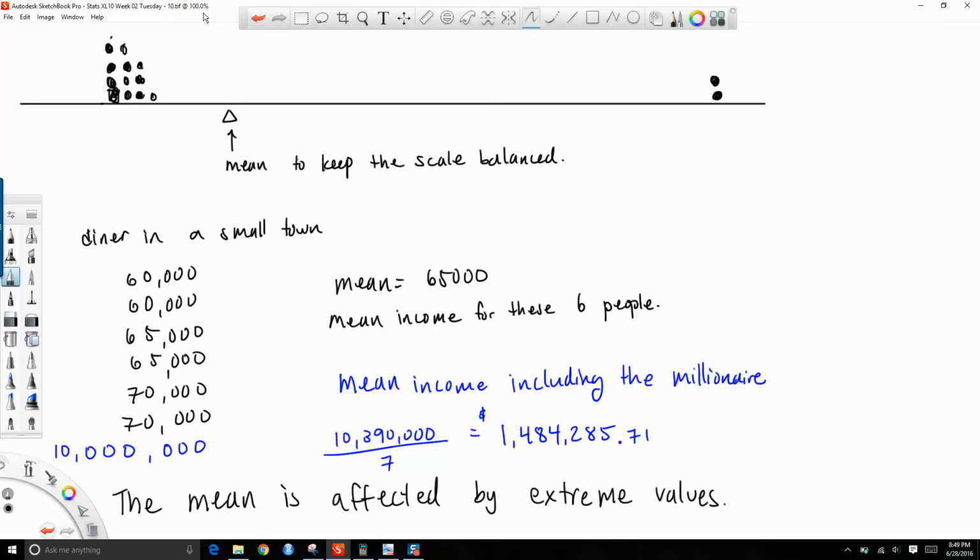Okay, so that is the mean. The other measure of center or central tendency is the median.